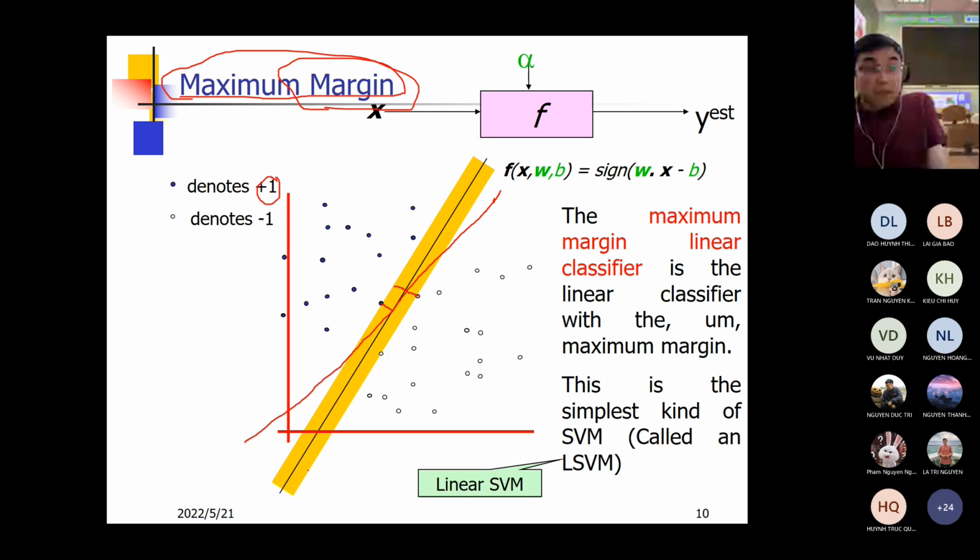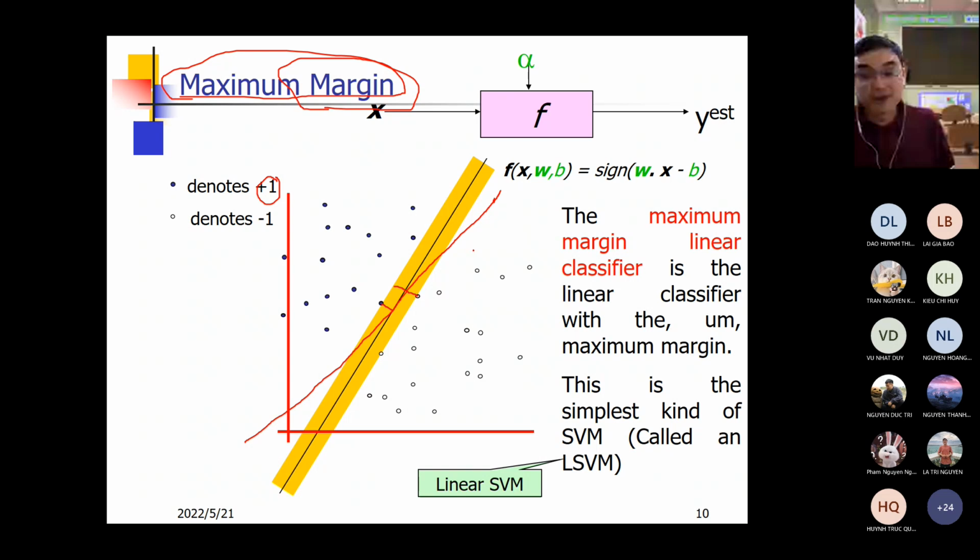So I might have another model. We train this model, and then we have another hyperplane, and with this hyperplane we can also calculate the distance from the positive class to this red line.